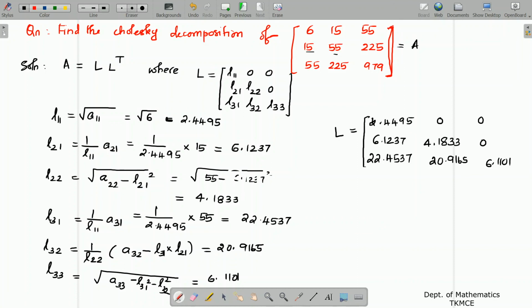So that is the Cholesky factor, and hence A is equal to L into L transpose. So that is the Cholesky factorization of the given matrix A.